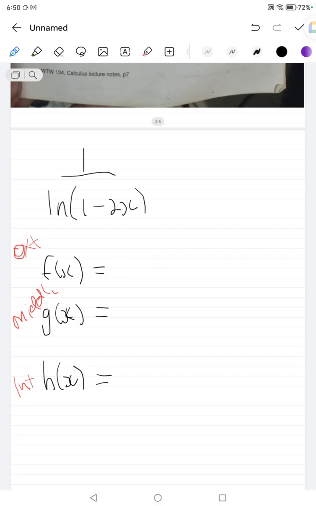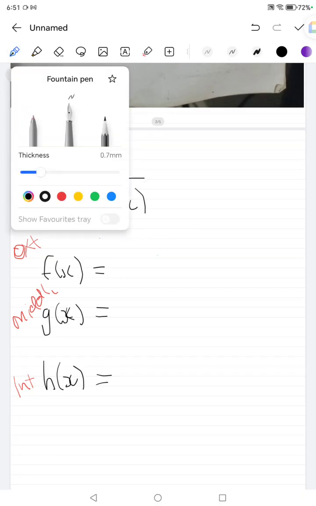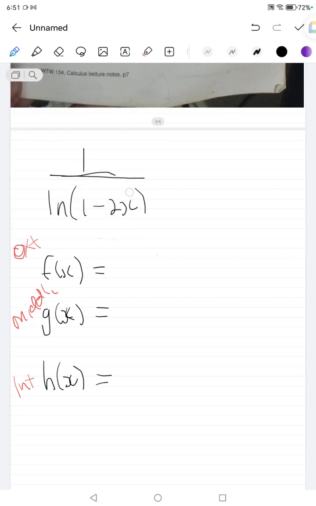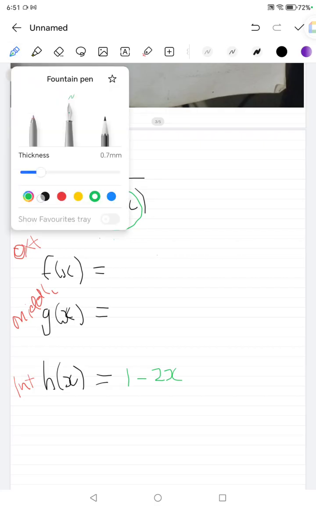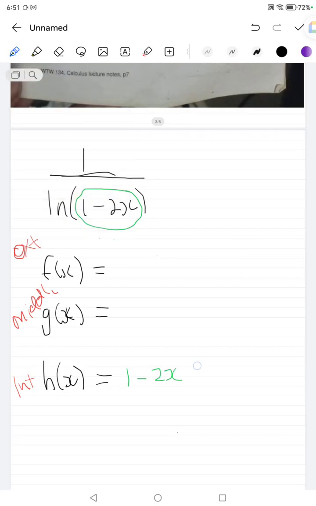You can see from this one that, okay, just underneath this you have this one that's internal, which is your 1 minus 2x. You go and say you have your 1 minus 2x this side. And as I said, remember, each and every time you take out a function, you replace it with an x, and you also go and write what kind of a function do you have that side.